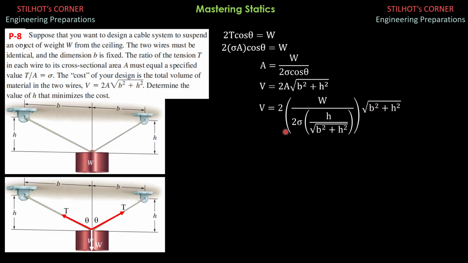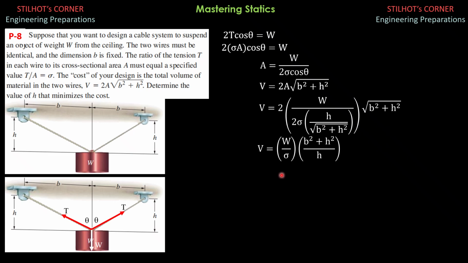So cancel 2, this becomes volume equals weight over sigma, which are constants, then times square root of B squared plus H squared times square root of B squared plus H squared. So that is B squared plus H squared divided by H. So volume equals quantity W over sigma, then times B squared plus H squared over H.